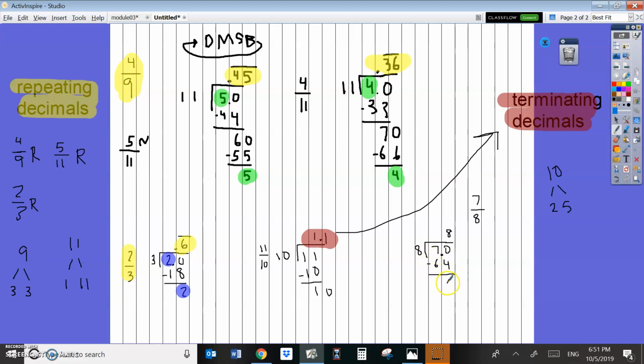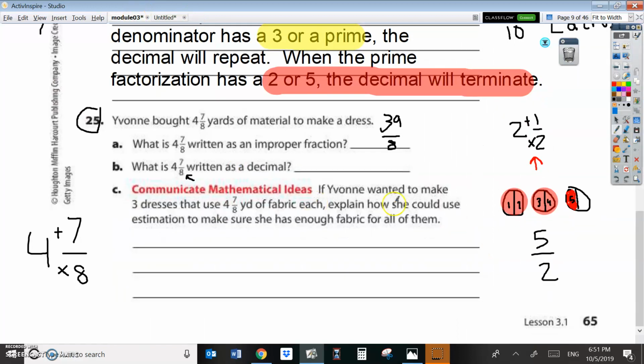Subtract, you get 6. Bring down a 0. 7 times 8 is 56. Subtract, you get 4. Bring down a 0, and you get 5. 0.875. So it's 4.875.